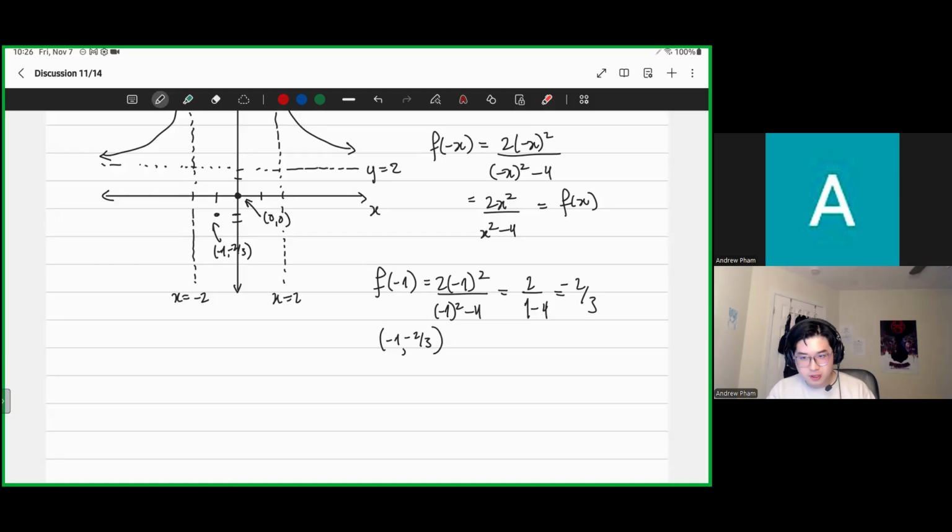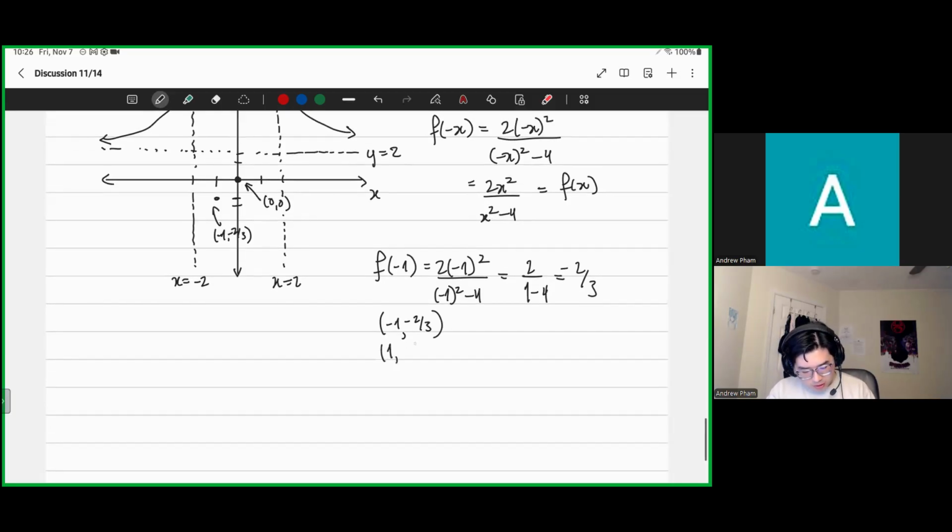And by symmetry, you can assert that there's also going to be a point at 1, minus 2 over 3. So I also have a point here. That's because of the even symmetry, okay? Well, this should already give you a nice shape, right?